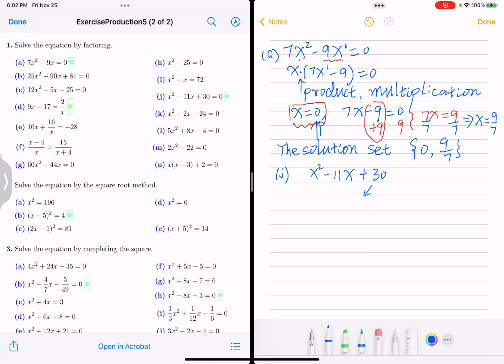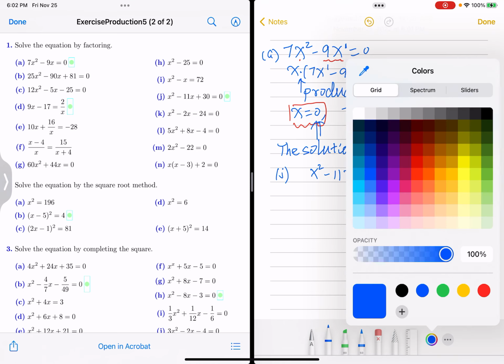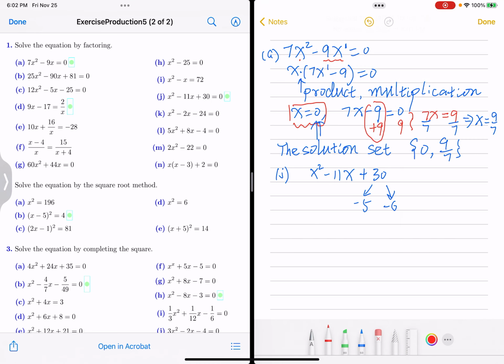30 is negative 5 times negative 6. When you add those two numbers, you'll get negative 11. So the correct factoring is x minus 5 times x minus 6 equals 0.